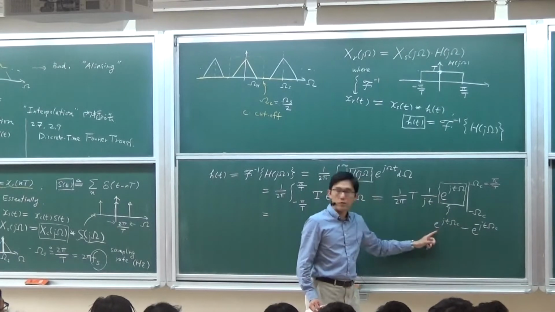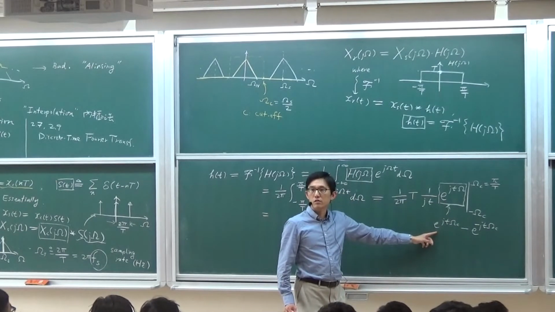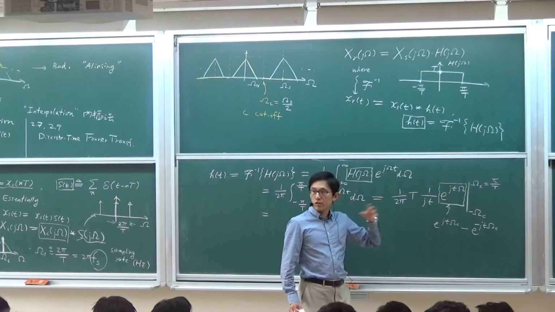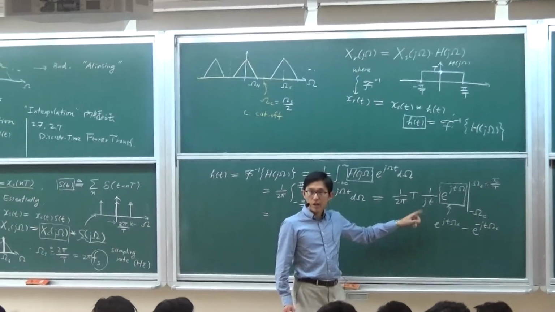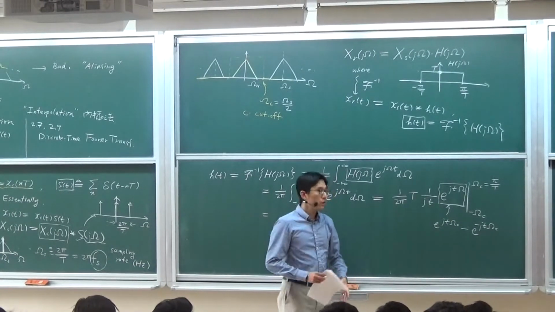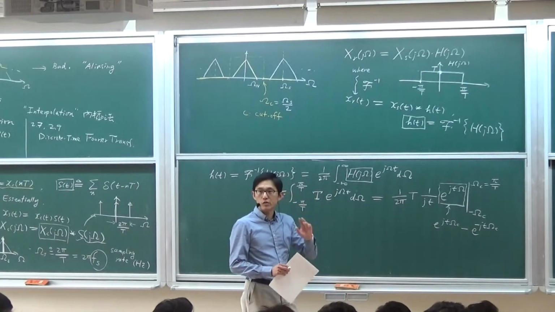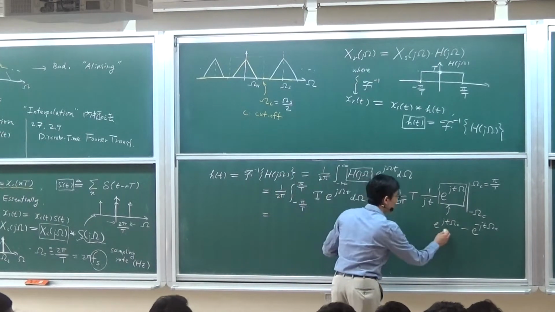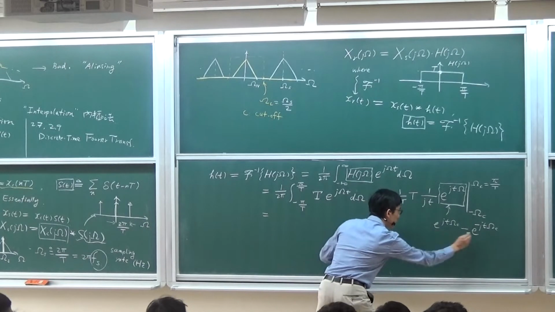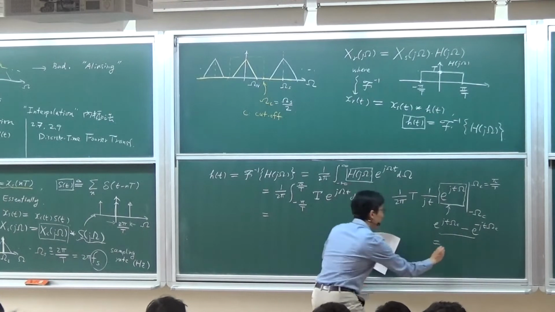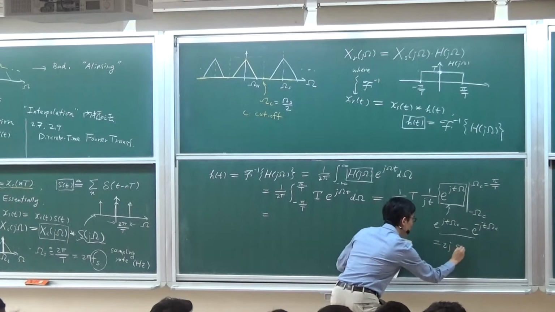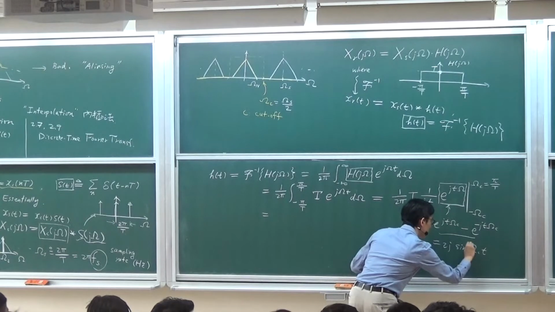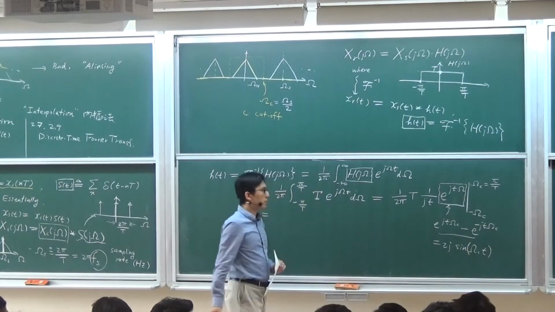Sine, right? 2j times sine. By the way, in this entire course we are going to use j as the complex number, not i. j is the square root of minus 1. So Euler's formula tells us that this equals 2j times sine of the cutoff frequency times t.